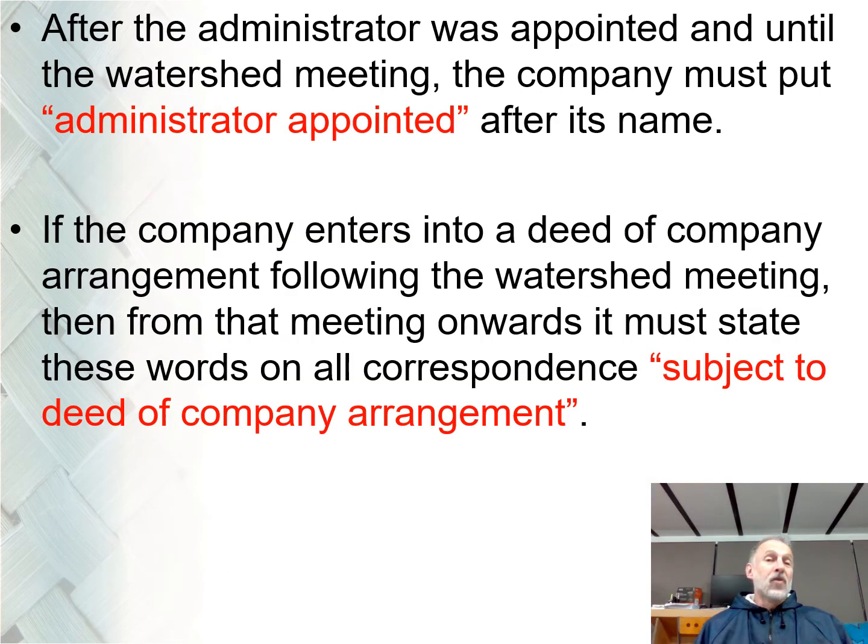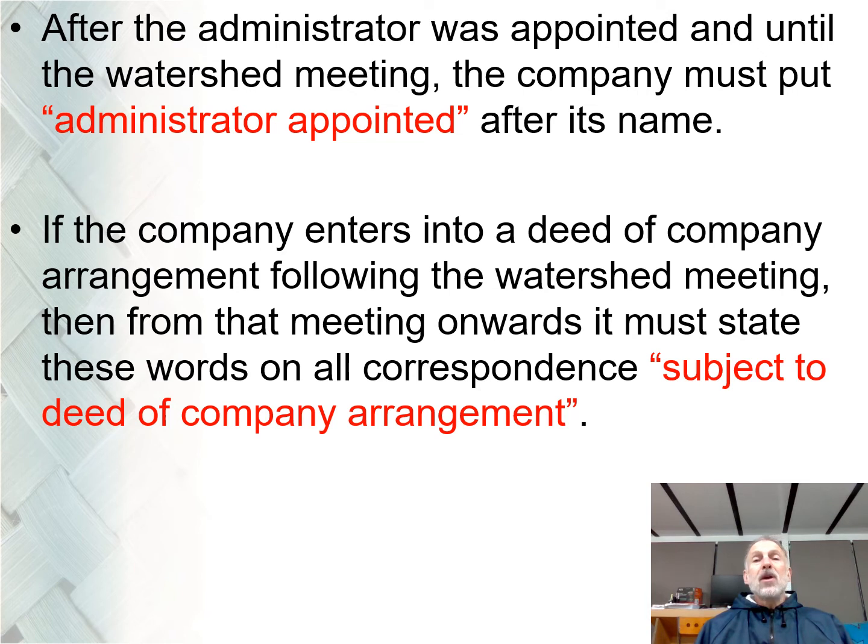This is now interesting, but after the administrator was appointed and until that watershed meeting, the company must put "administrator appointed" after its name. So for that whole administration phase, remember "administrator appointed" behind the name of the company.